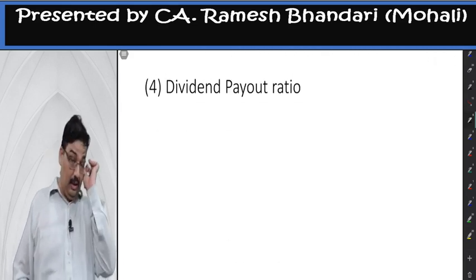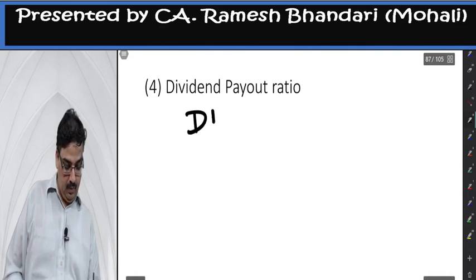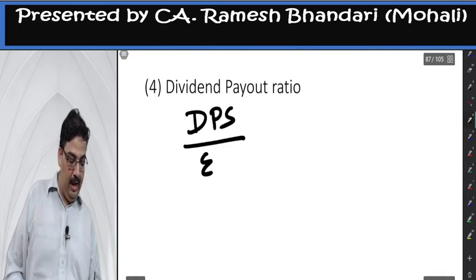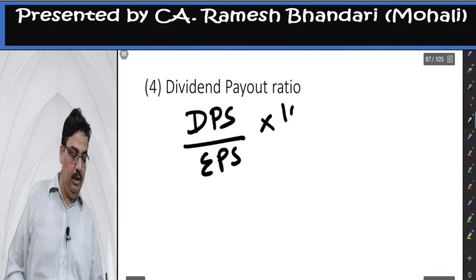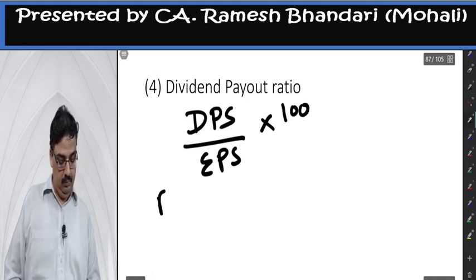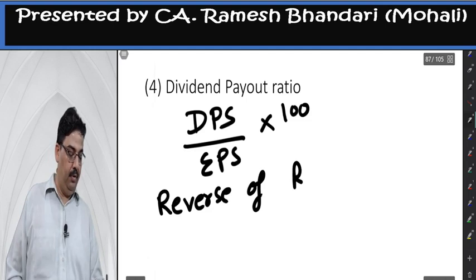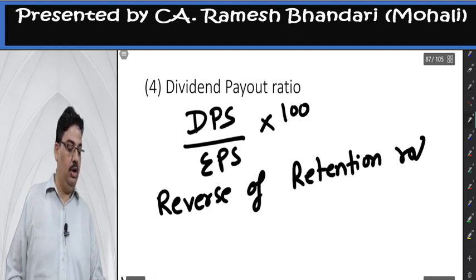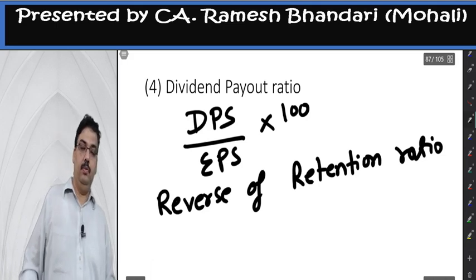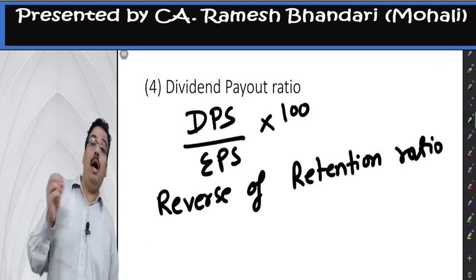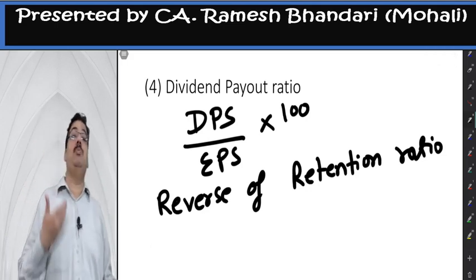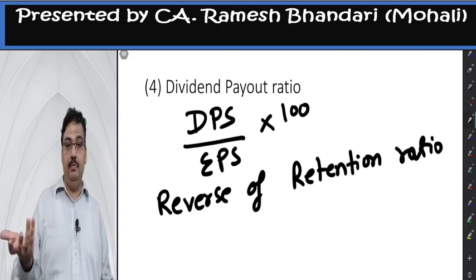Dividend payout, another interesting ratio. DPS divided by EPS into 100. Reverse of retention ratio. Out of earnings, what percentage has been paid as dividend?